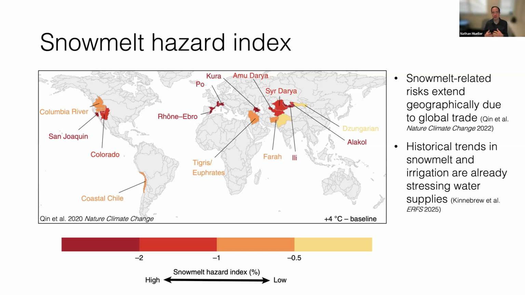So something in the order of 16% of all snowmelt dependent crop production does end up being exported. And so you have places like Northern Europe where they don't have any snowmelt dependent production, but their consumption is actually still decently dependent on snowmelt. And we've also looked historically to show that some of these basins at risk are already seeing changes during the past several decades.